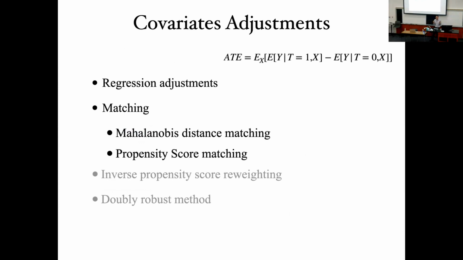You can try to use some matching techniques to make sure that the two groups have the same distribution of the feature X. And there are some other methods, including the inverse propensity score-based method and the doubly robust method. I will skip those because they are slightly more complex. But if you're interested, you can talk to us afterwards, or you can just read about them.